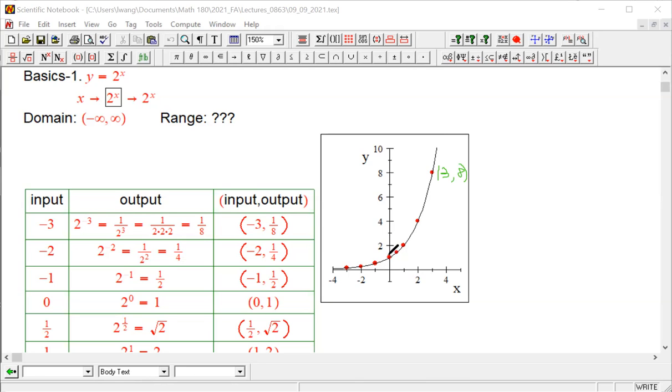For example, this point, the y-intercept, you want to mark 0, 1. And the next one you want to mark maybe 2, 4. Input is 2, output is 4. Okay, and another point you may want to mark, I would mark this point. This point is input -1, output half.